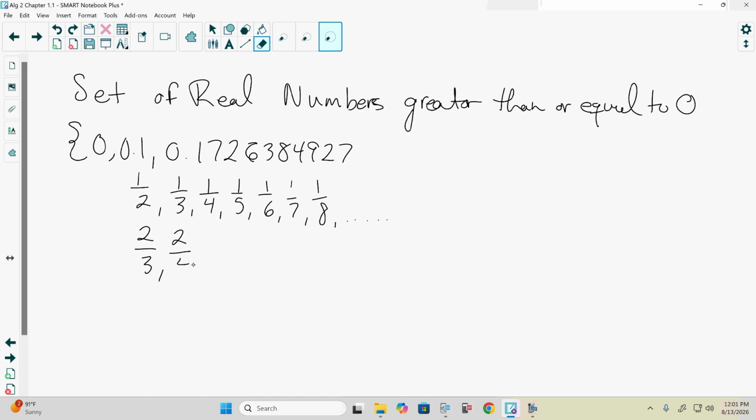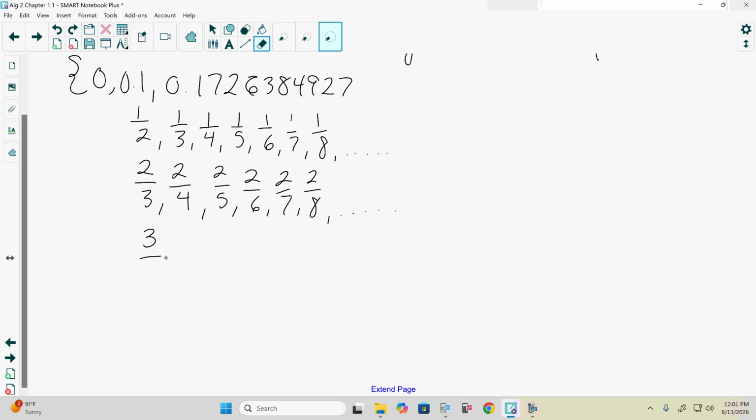We're going to list 2/4 even though it is 1/2, but we'd also have 2/5, 2/6, which is 1/3, 2/7, 2/8. But we could also have 3/4, 3/5, 3/6, 3/7. I'm going to stop there, but is it feasible for us to actually write or list out all the real numbers greater than 0? No.